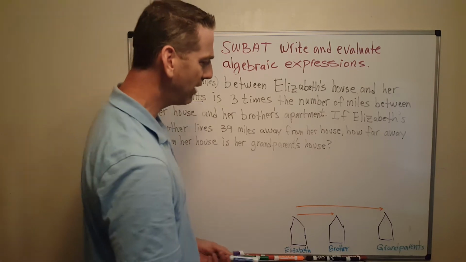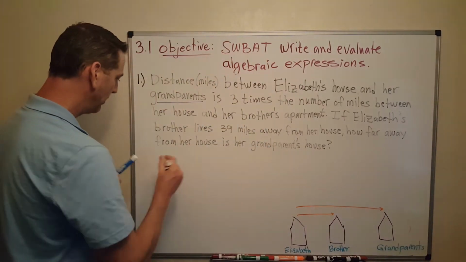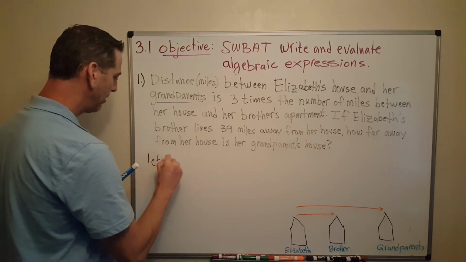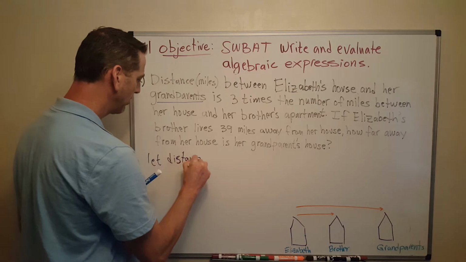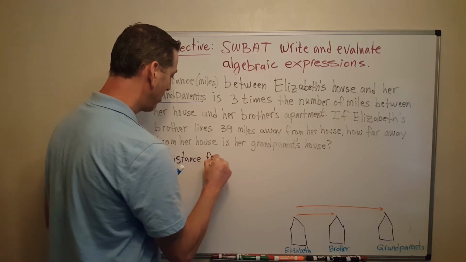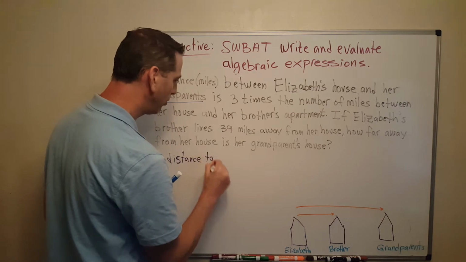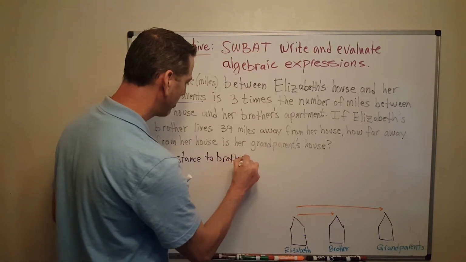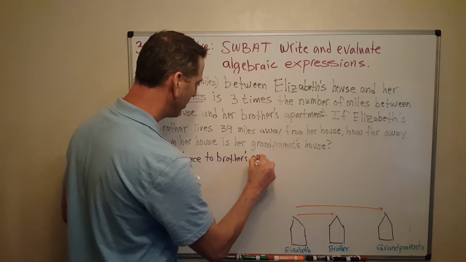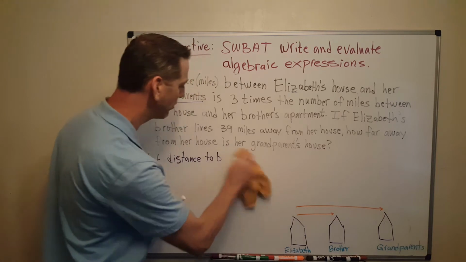I'm going to say, the distance to her grandma's house, let's let the distance from, how about I just do this? Distance to brother's apartment. I did this backwards.